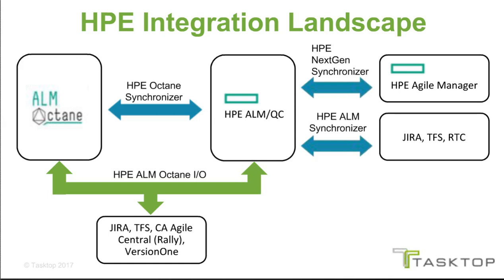When is an ALM Octane IO license consumed, and can we prevent users from using a license?